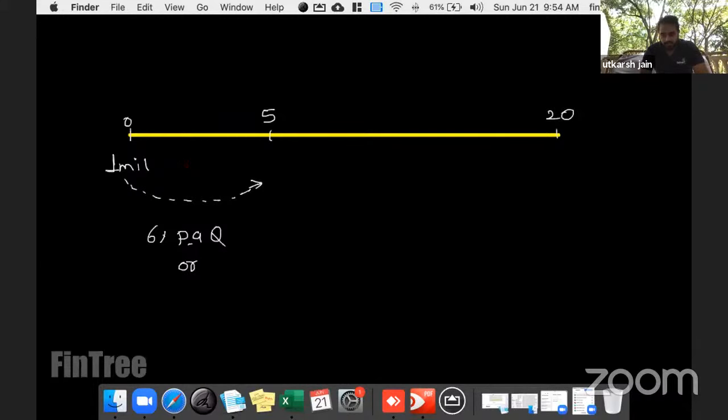So 20 is going to be N. And 6% per annum, so how much per quarter? 1.5. So 1.5 is going to be IY.